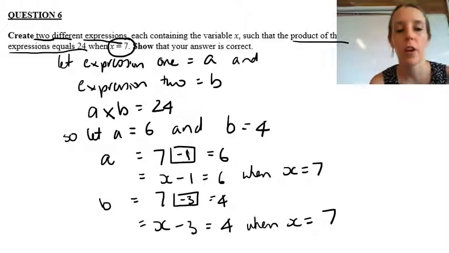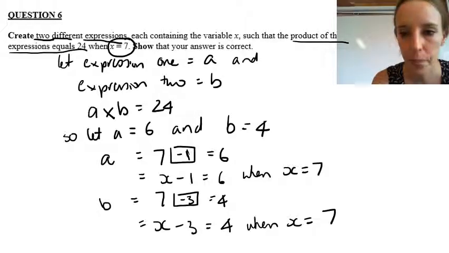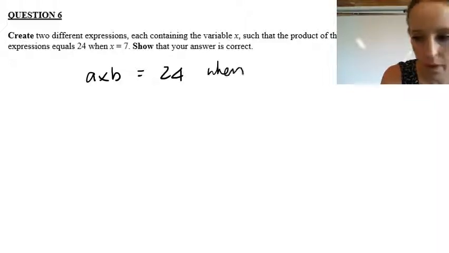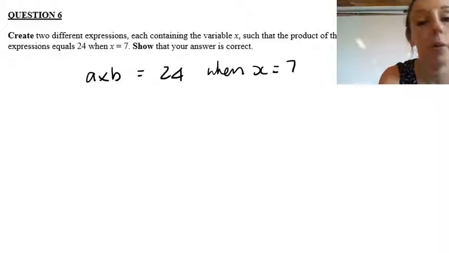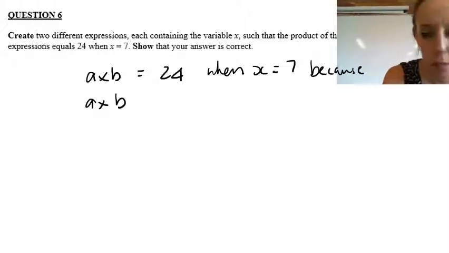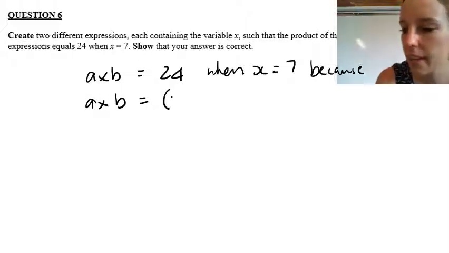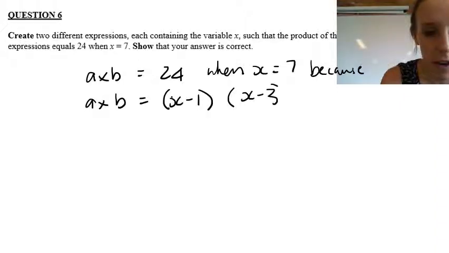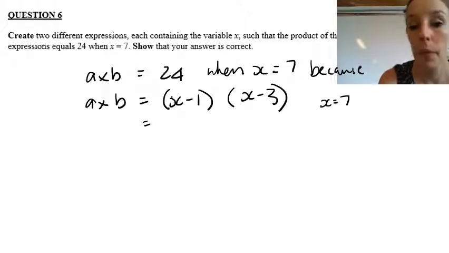So I'm just going to clear the screen, but you'd keep working down the page. Okay. So I've got to show that A times B equals 24 when x equals 7. So A was x take 1, and B was x take 3. x equals 7, so I'm going to substitute that in.